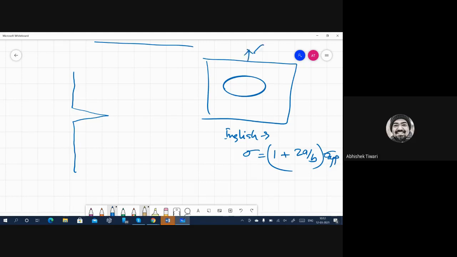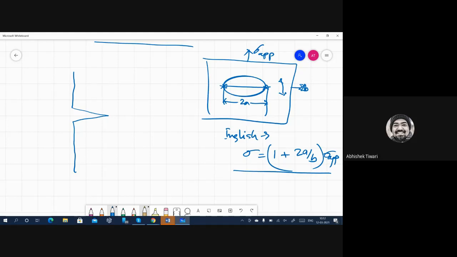If you have applied sigma, which is sigma applied, and this is 2A, the major axis, and this is 2B, the minor axis, then it will be magnified here and here. You can find out how much the magnification will be based on this equation.